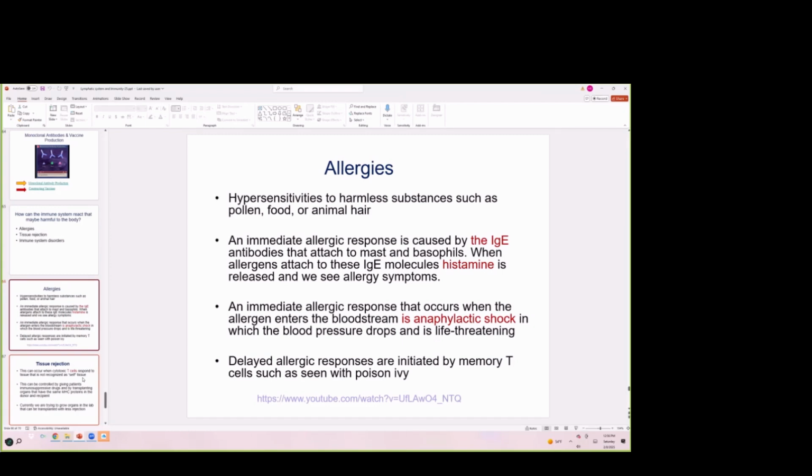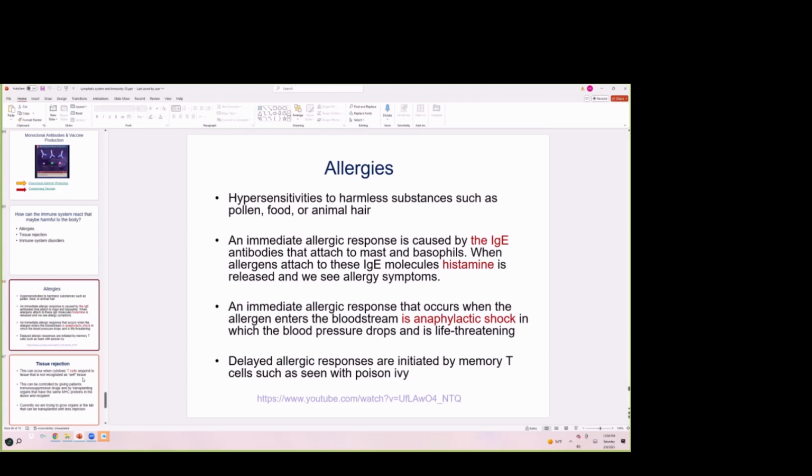And if that response of vasodilation is systemic, that means it happens all over your body. In a wound area, it would happen and the area would swell. But if all your blood vessels just got bigger, your blood pressure would drop so low that you can die as a result of it.